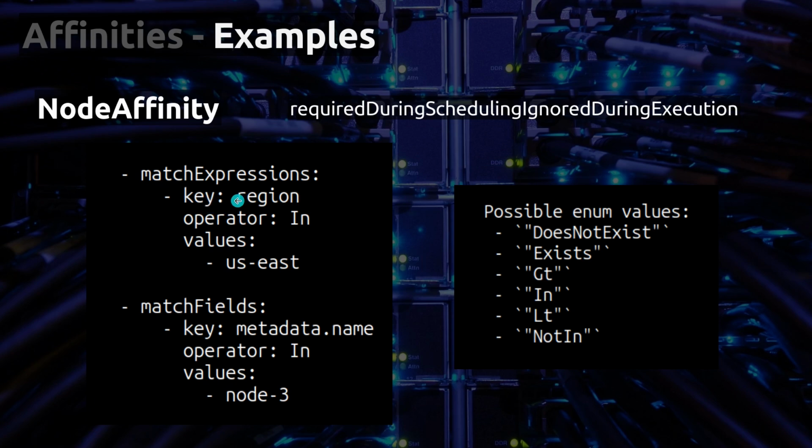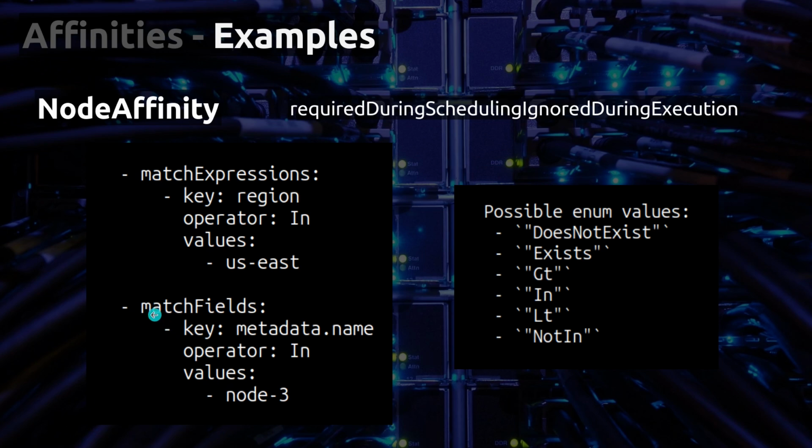We have a key and an operator; the operator can be DoesNotExist, Exists, Gt (greater than), In, Lt (lower than), or NotIn. This is a classical condition like you can find in some languages like Python. After that, you have values, which is a list. We can have only one value or multiple values.